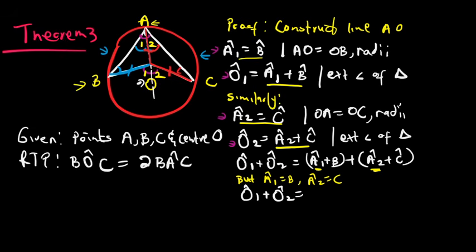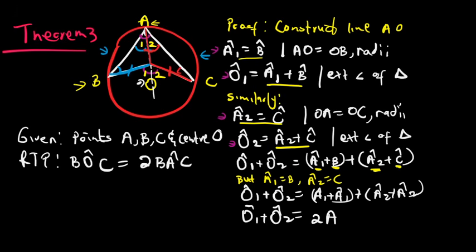So wherever we see B, we have to put A. Wherever we see C, we have to put A, because we're trying to prove the angle of A. So it's going to be angle A1 plus angle A1 plus angle A2 plus angle A2, which means angle O1 plus angle O2 is equal to twice angle A1 plus twice angle A2, like that.